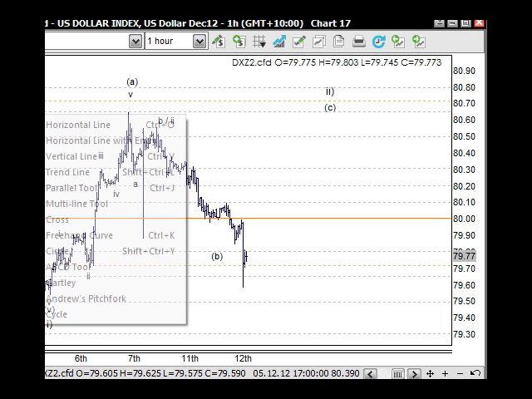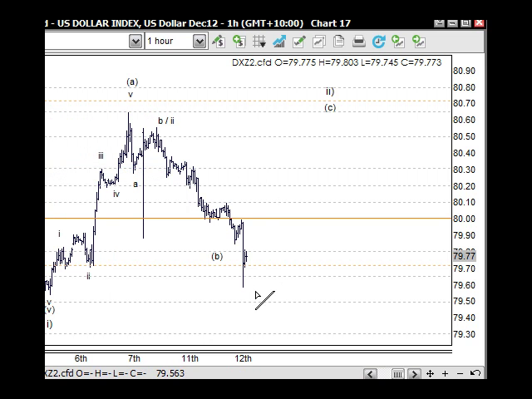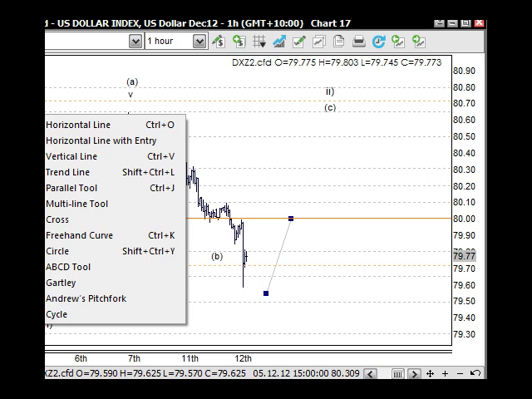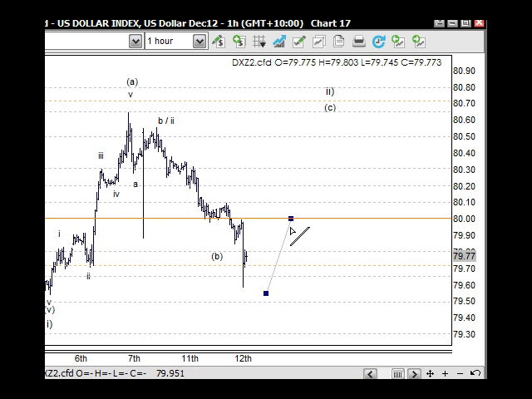So what we could sort of expect is we could expect maybe one more push down through here, or it may already be in here, but basically a retest back into here. If that retest here, there will be a reaction there, and it'll come back to here a bit, and then maybe push up through here. But if it does push up for the C wave, then that's fine.